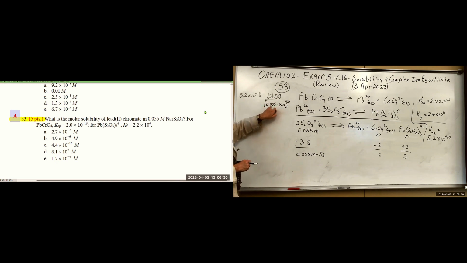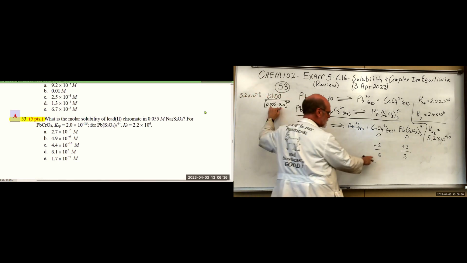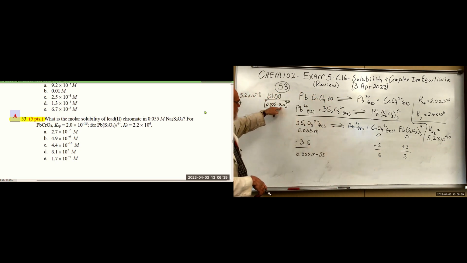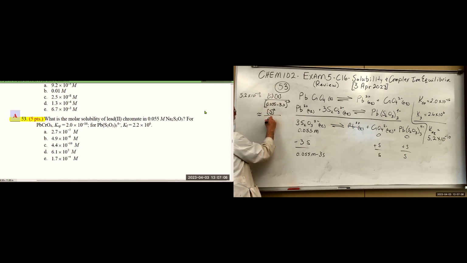Okay, so is S going to be a lot smaller than 0.055? Right? Are we going to produce that much? Well, the only way to solve this without using polynomial solutions or an iteration, that is successive approximations, is to say that this is approximately equal to S squared divided by 0.055 to the 3rd power.